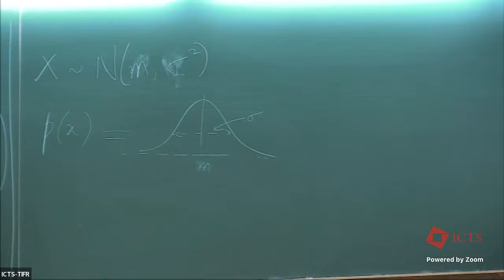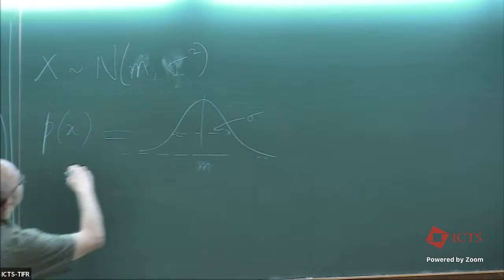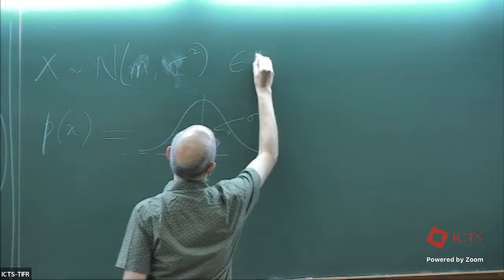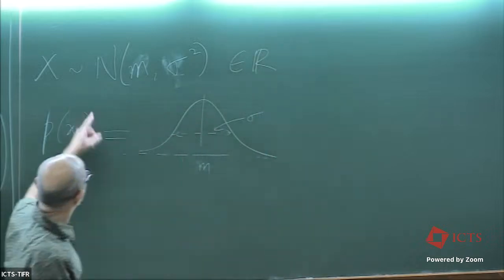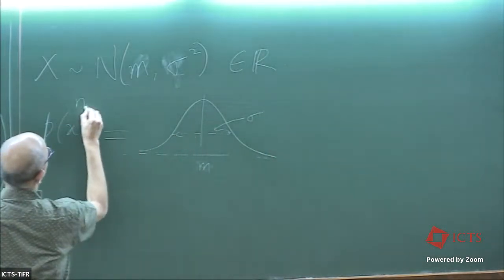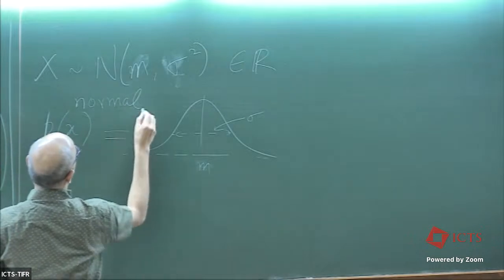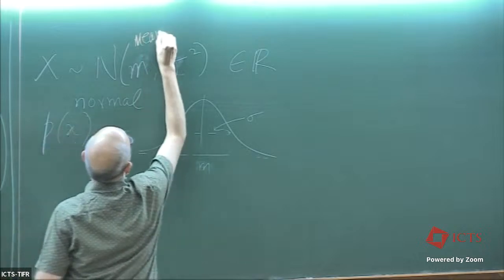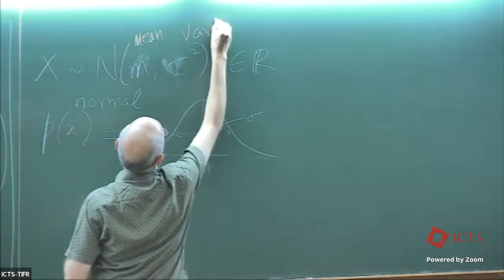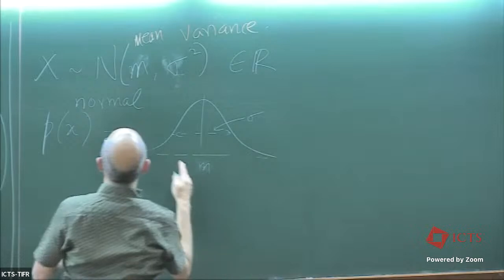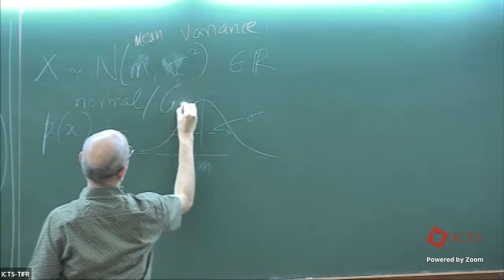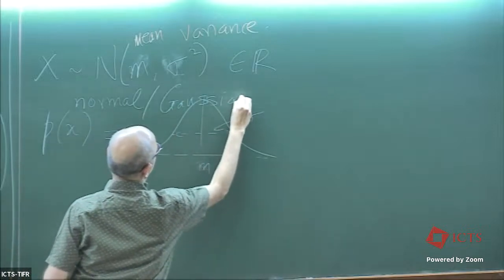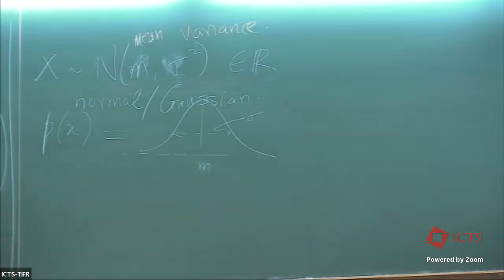So this is basically a random variable. Normal, or Gaussian. m is the mean, and this is the variance. So normal or Gaussian random variable in one dimension.